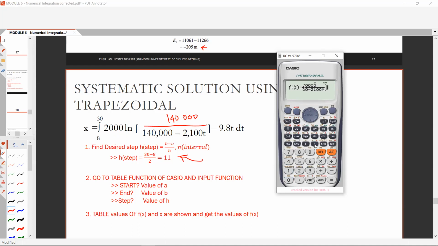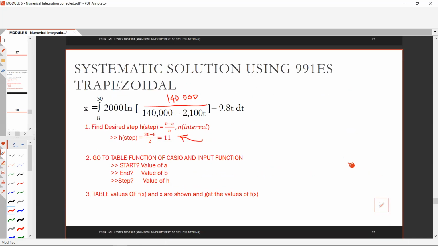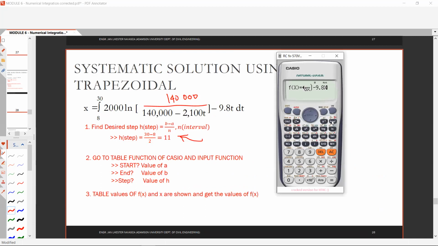Then, close parenthesis, minus 9.8x. Okay? Ayan. So, mapapansin mo, okay, ayan, sulat na natin yung function. 2,000 ln of 140,000 over 140,000 minus 2,100 x minus 9.8x. Okay, since f of x yan. Okay, gawin mo, pinutin mo yung equal sign.